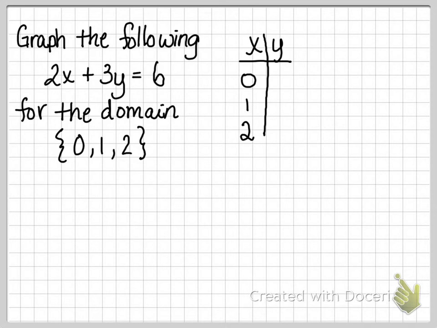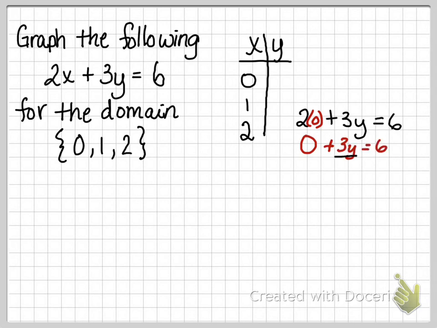I'm going to take 2x plus 3y equals 6 and change the x to 0, substituting it into my equation. 2 times 0 is 0, plus 3y equals 6. I'm going to divide both sides by 3, and y equals what? 2. So when I plug in 0, I get 2.